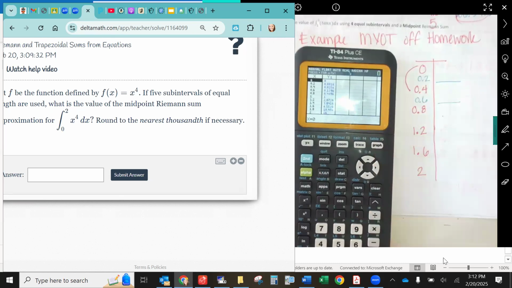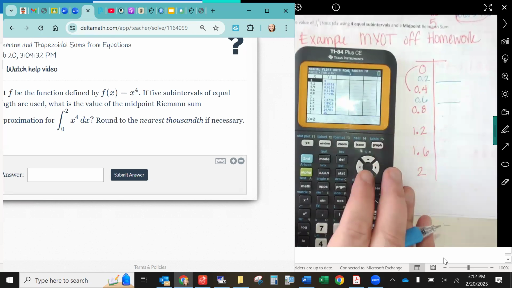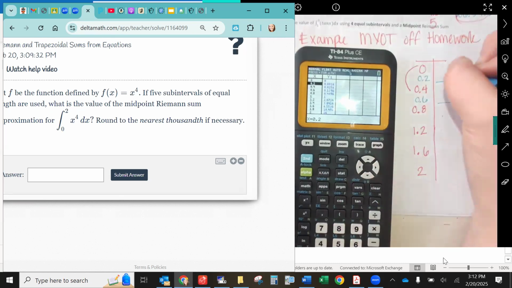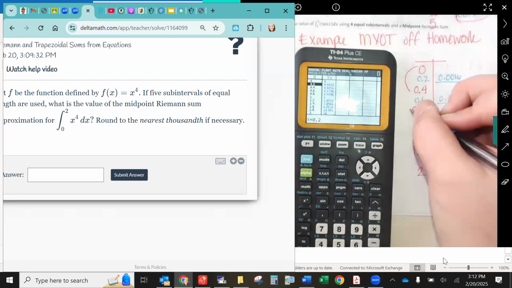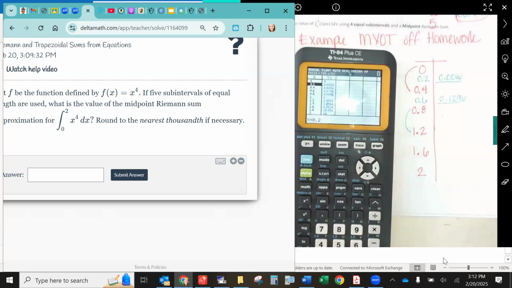And then hit second graph. So at 0.2, I see that my y value is 0.0016. Then from 0.4 to 0.8, my midpoint is 0.6, which is 0.1296. From 0.8 to 1.2, what's my midpoint that I want the y value for?